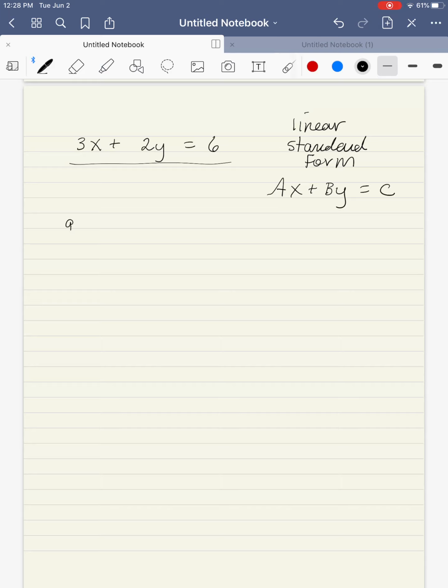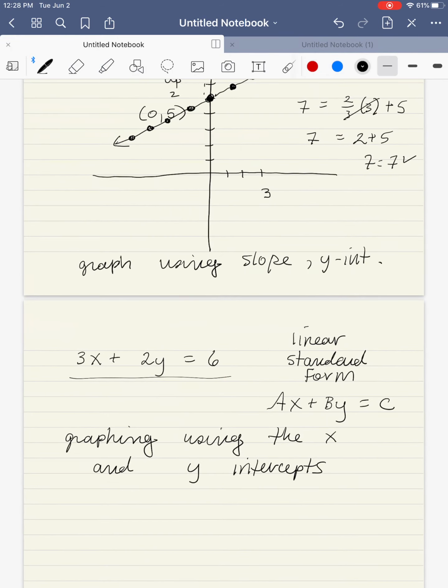And 2 points that are going to be easy to find when it's in this form are going to be the x and y intercepts. The x and y intercepts.